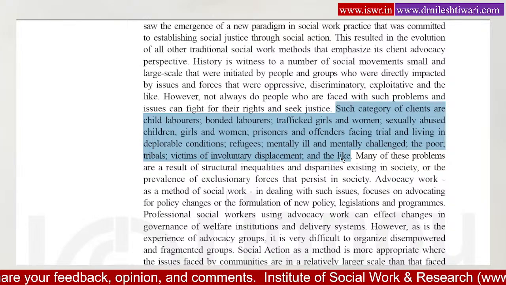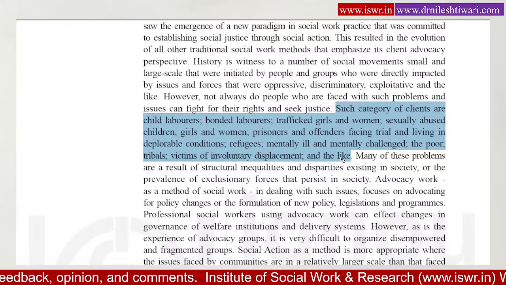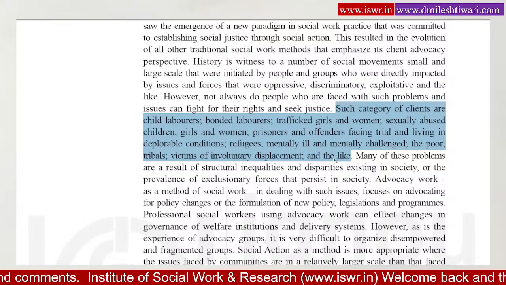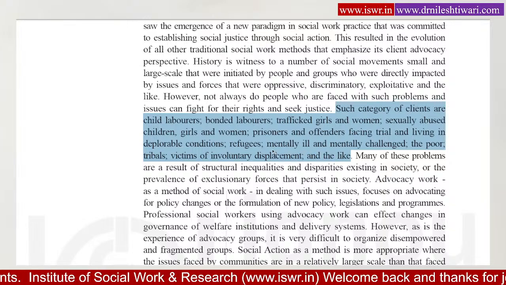So, these are various sections of society on whose behalf we need to do advocacy, right?